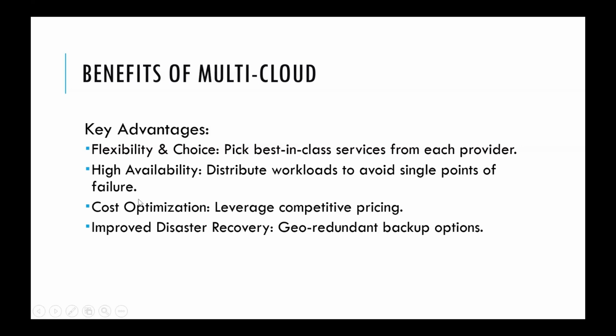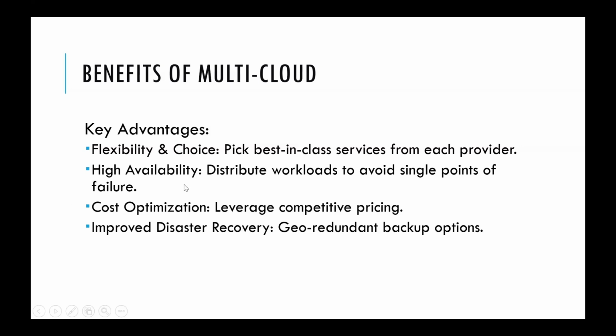Cost optimization, leverage competitive pricing. So suppose you want to compare the cost for the resource in your cloud provider. You can compare both in AWS and in Azure and select based on the cost as well.